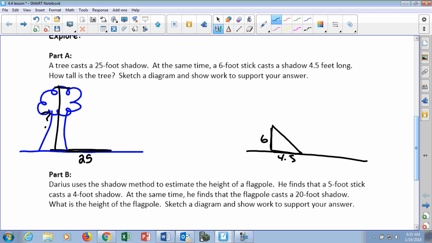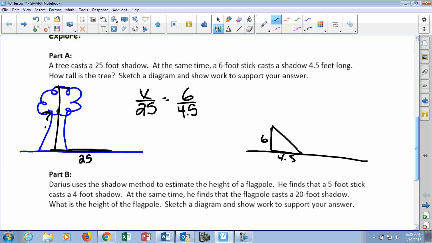So if we look at the tree, we don't know what that is, so we'll make it an X, a missing variable. What can I do to figure out what the stick's going to incorporate into this? What side was equal to the question mark again? The 6, and this is 4.5. What does this look like? Our ratios method from yesterday.